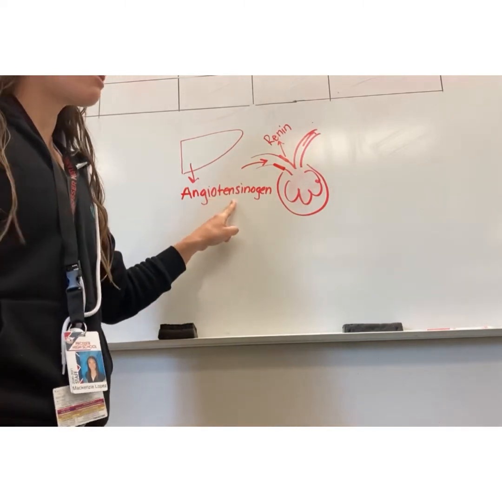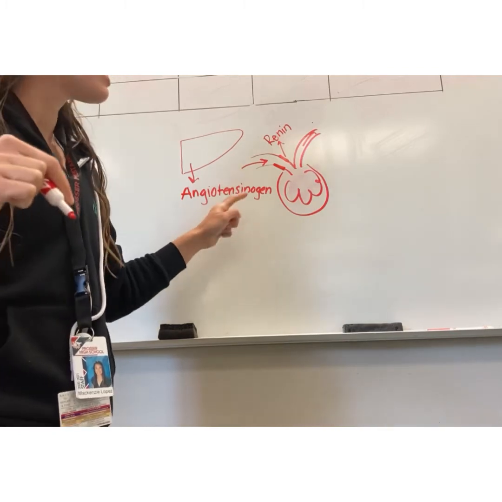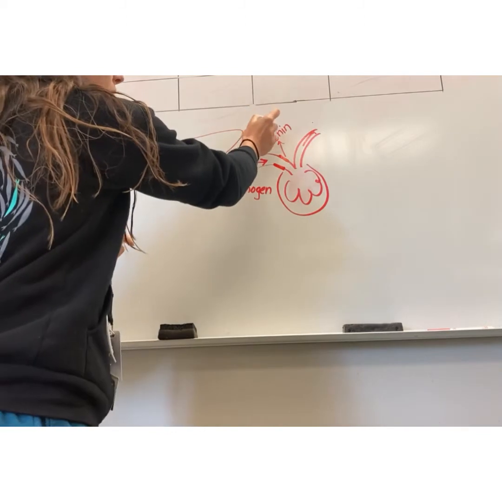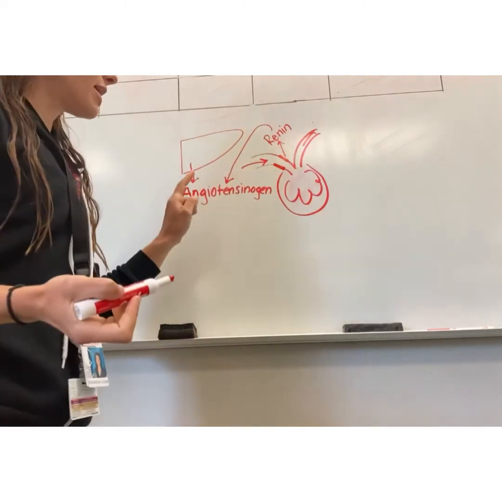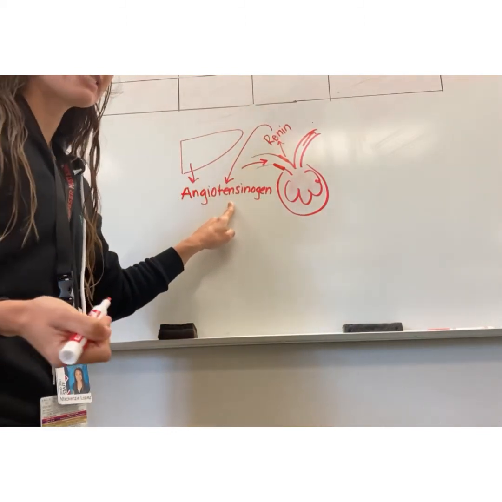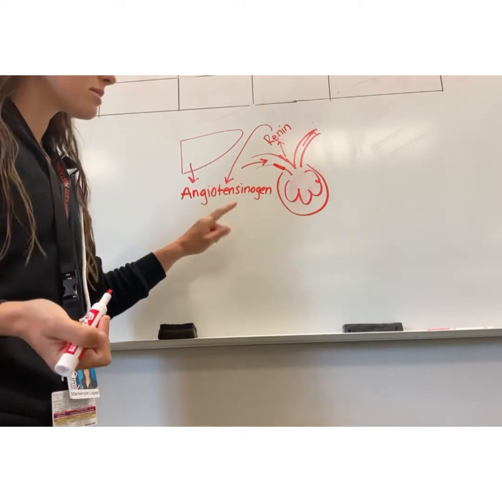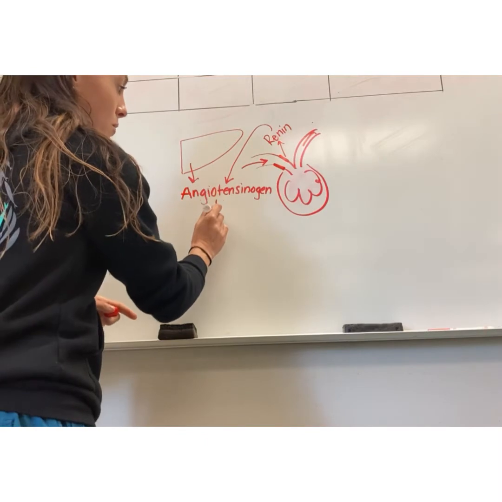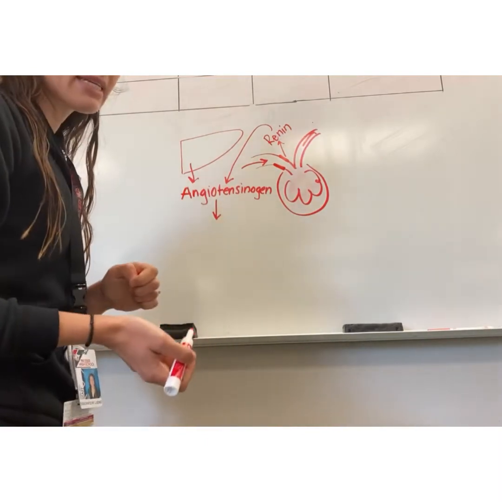It's inactive until this renin is secreted by the afferent arteriole, and when this renin acts on the angiotensinogen, something happens. Angiotensinogen is transformed into what is called angiotensin type 1.